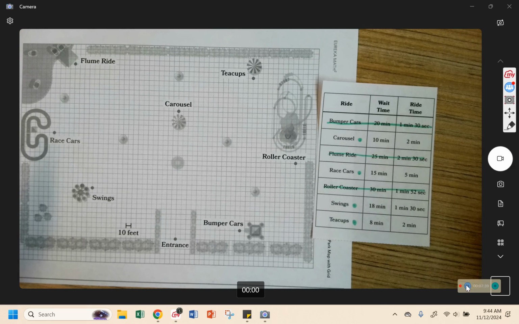We'll see. So I'm going to draw some lines in here using a straight edge. If you have a ruler, that would be helpful.